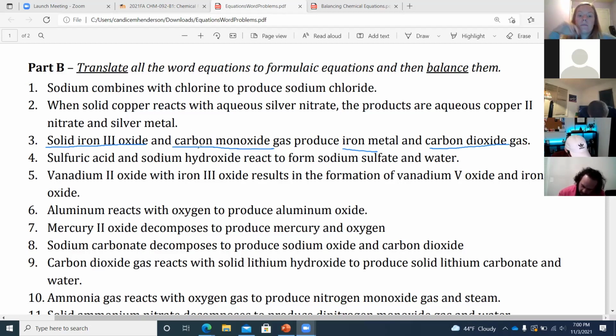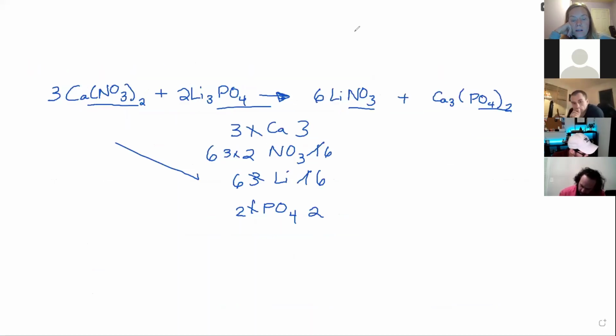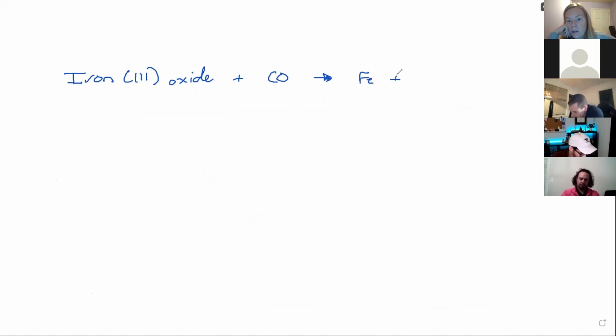All right, so I forgot this one's kind of a pain in the butt to balance. If you have trouble balancing it, it can be a little bit tougher. Okay, so we have iron 3 oxide combining with carbon monoxide, CO, to produce iron and CO2.